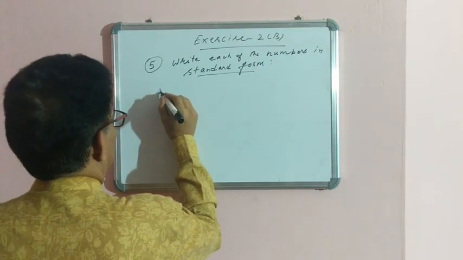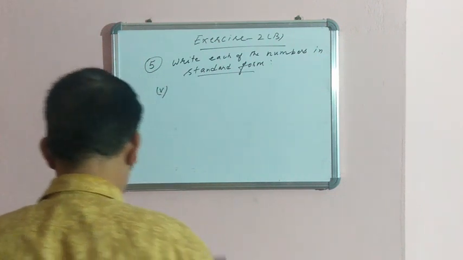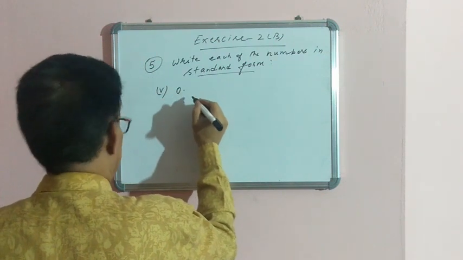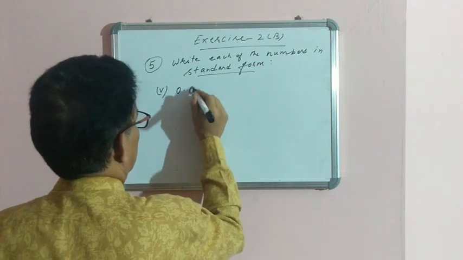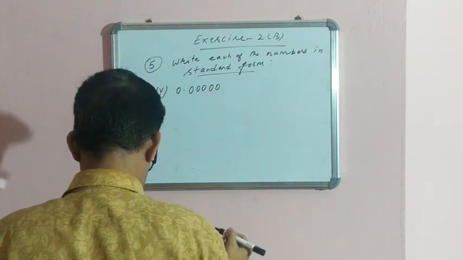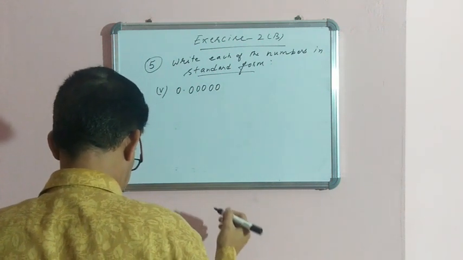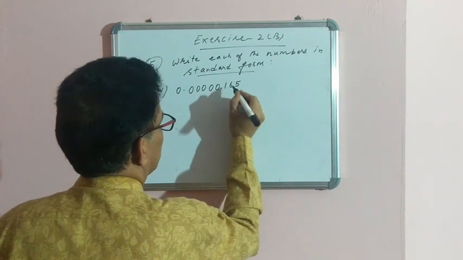Now we are going to solve the fifth part. This is 0.00000165. 5 zeros are there, then 165 is there.